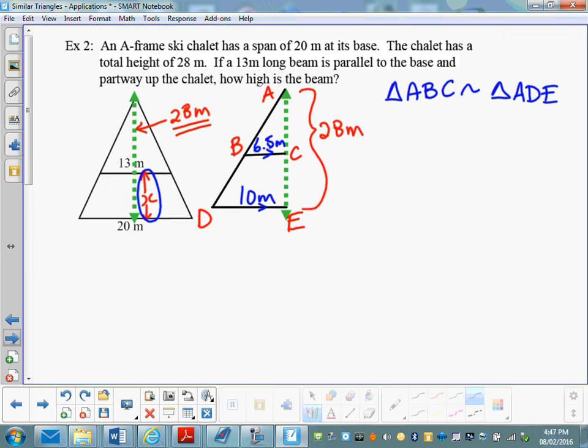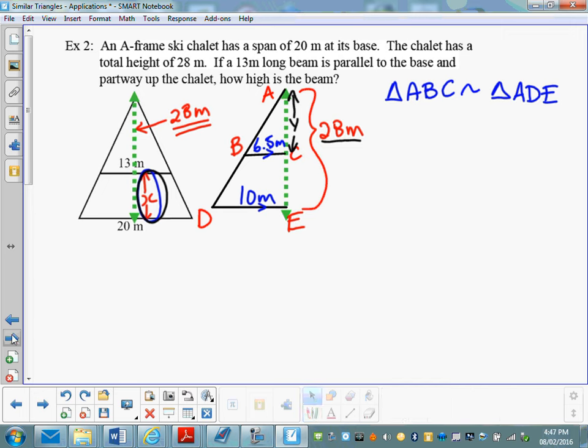So what I'm going to need to do is find what this distance is from here to here. Because if I know that distance, I could subtract it from 28 to figure out what X is equal to at the bottom. So I'm going to call that Y.